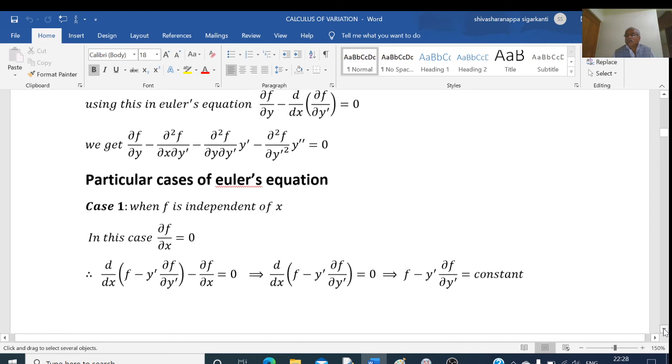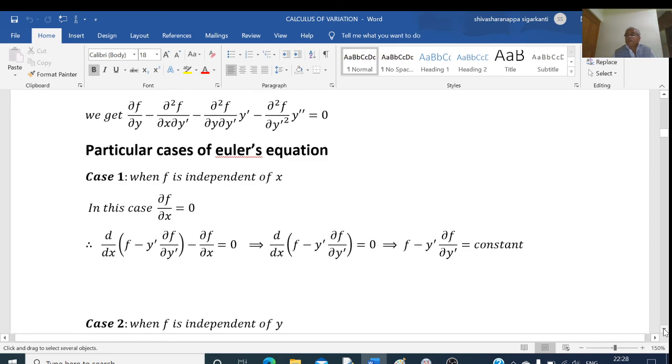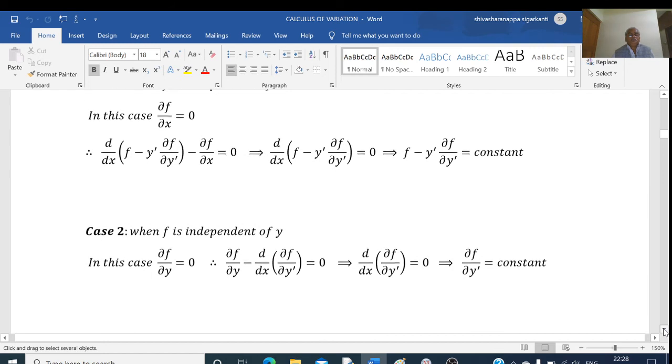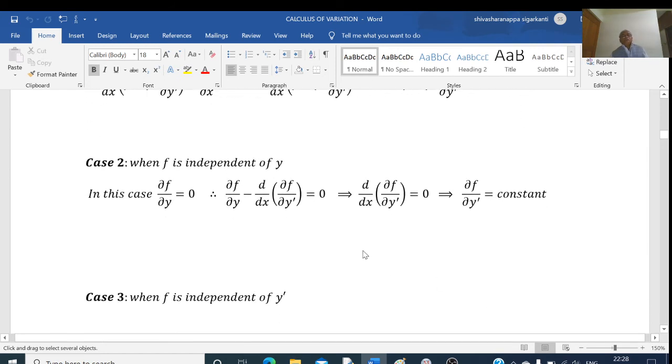Next, when f is independent of y, then we get ∂f/∂y = 0. And this is my Euler's equation: ∂f/∂y − d/dx of ∂f/∂y' = 0. As ∂f/∂y equals 0, I am getting this quantity 0.